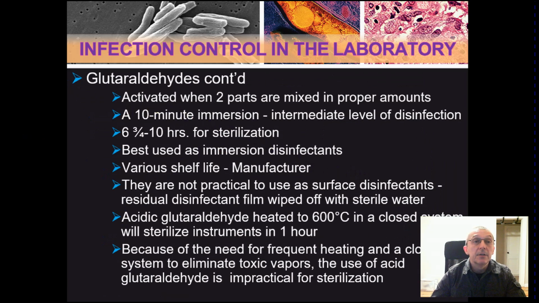Glutaraldehydes usually come in two parts, a base and an accelerator, sort of like our impression materials, but not really. You mix the two parts together, and then you start the countdown toward the lifespan of the material.